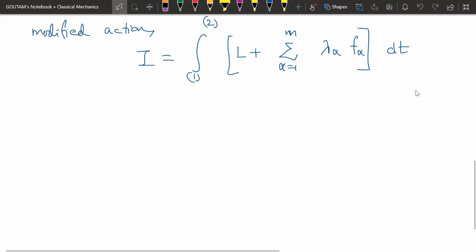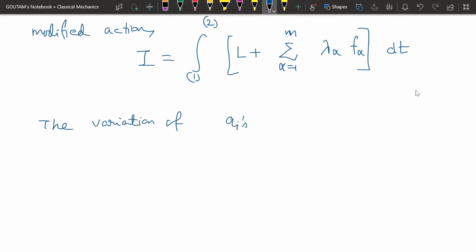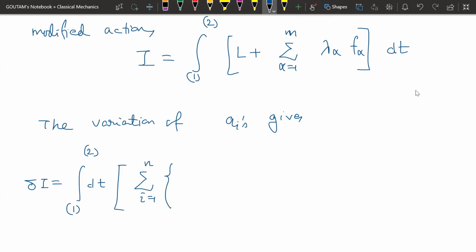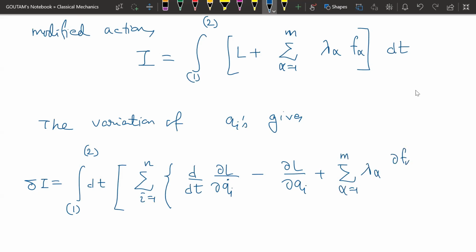So in that case, the variation of qi's gives delta I equals to integration from point 1 to point 2 dt sum over i equals to 1 to n, because we have n number of qi's, d/dt of del L del qi dot minus del L del qi plus sum over alpha equal to 1 to m lambda alpha del f alpha del qi times delta qi equals to 0.